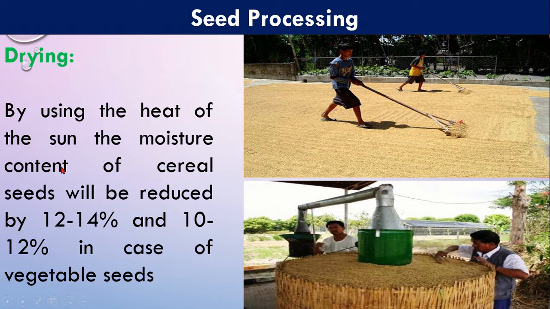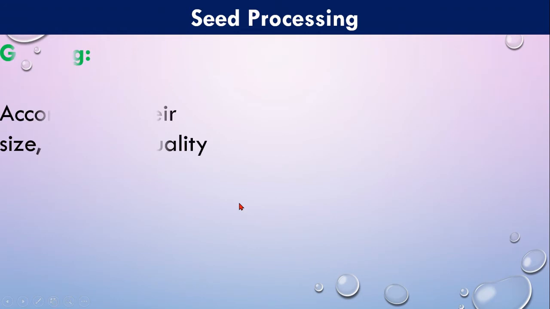By using the heat of the sun, the moisture content of cereal seeds will be reduced to 12 to 14%, and 10 to 12% in the case of vegetable seed. When you want to preserve the seed, the cereal crop seed moisture will be 12 to 14%. If you dry cereal crop seed under full sunlight for about 3 to 4 days, the seed moisture becomes 12 to 14%.